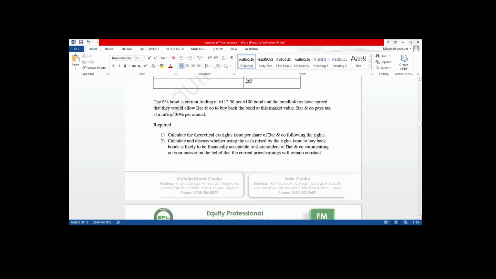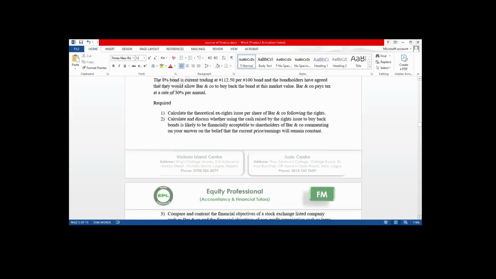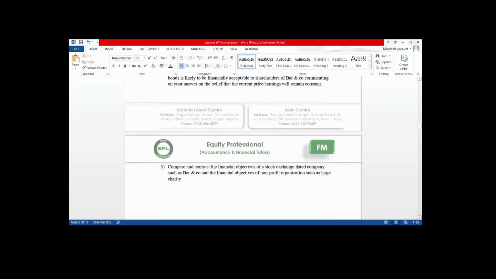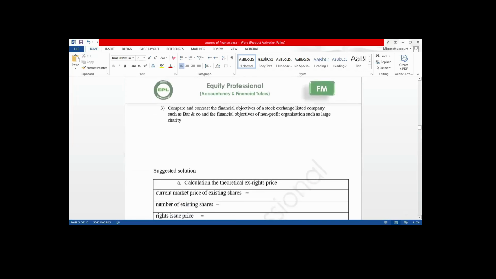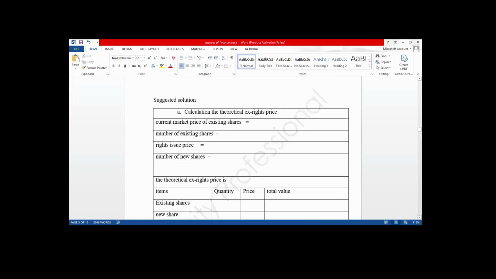What are these variables? Let us go to our solution page. What are these variables? One is the current market price of existing shares.